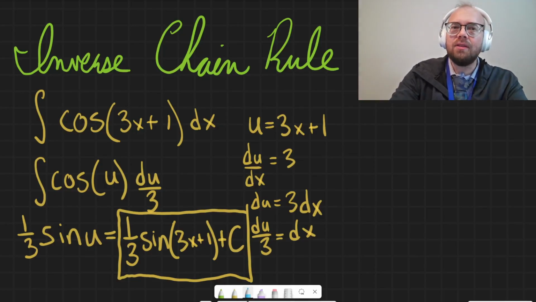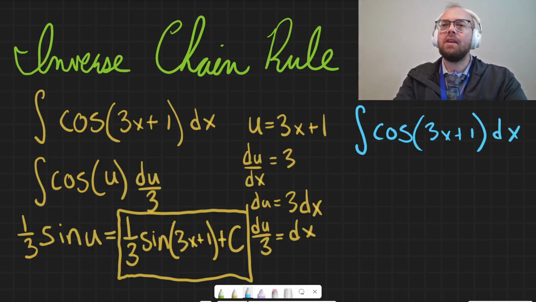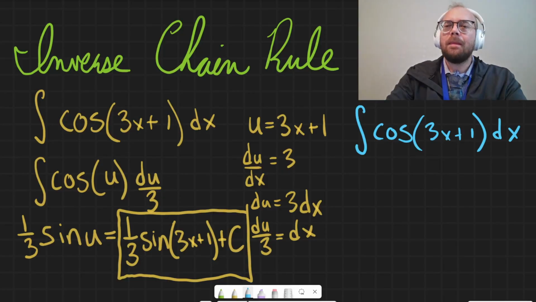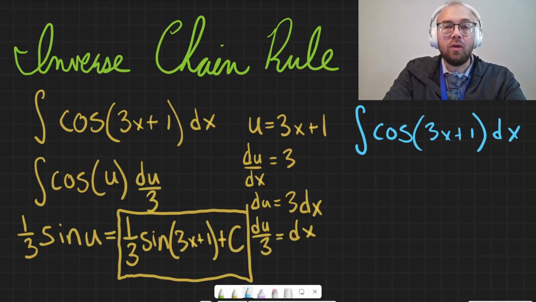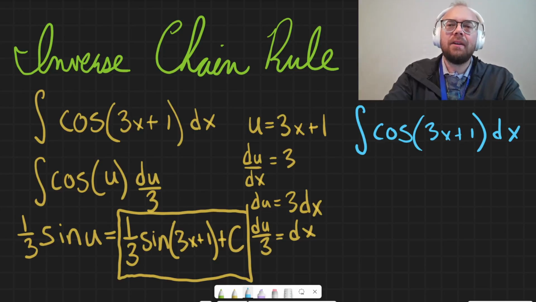Now, if we're going to do just the inverse chain rule instead, same problem, but now we're going to do the inverse chain rule. The chain rule says I would take the derivative like normal, and then I times by the derivative of the inside.